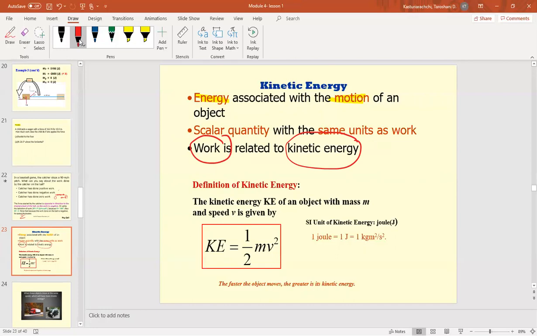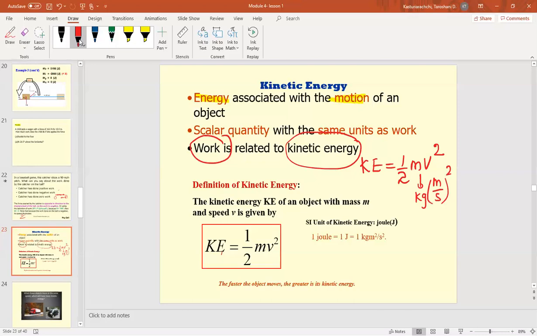Mathematically, kinetic energy is defined as half m v squared. M is the mass, v is the speed. Half m v squared, and the unit is joule, but I could look at it here, right? Kilogram, speed in meters per second squared.